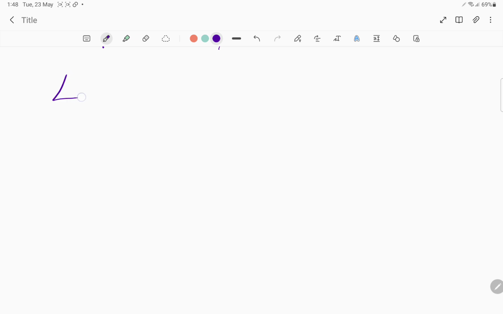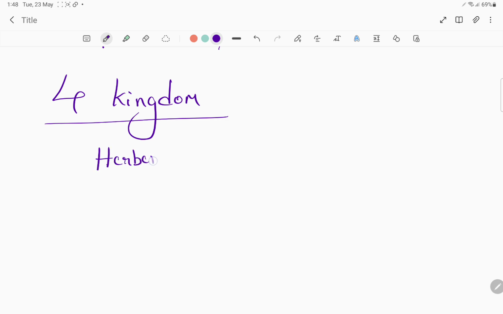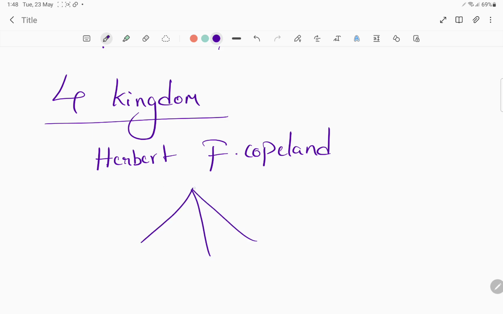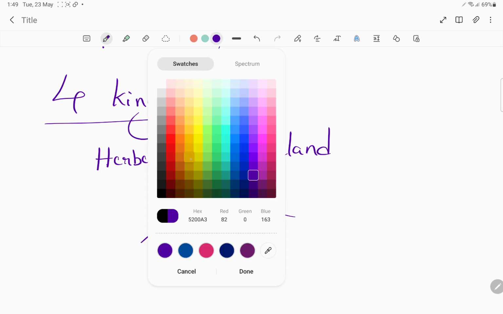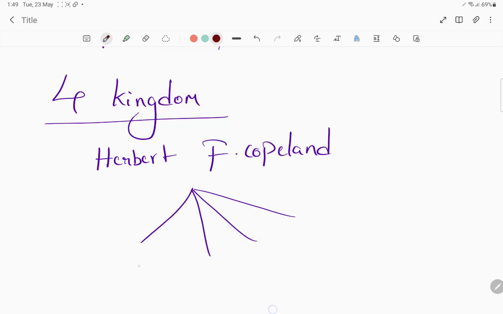And next, the four kingdom system of classification was given by Herbert F. Copeland. He classified into four: Monera, Protista, Plantae, Animalia.